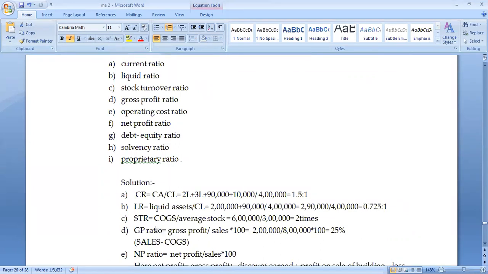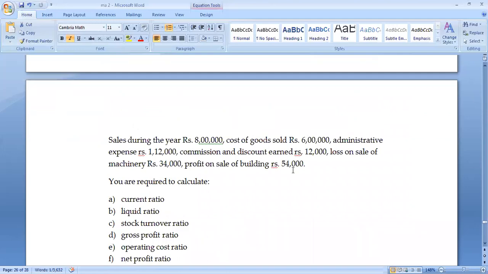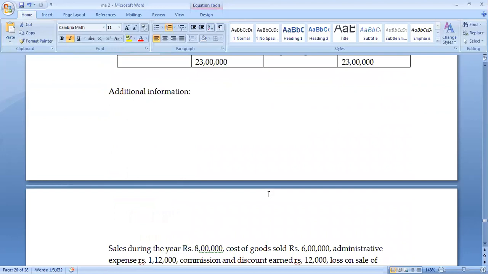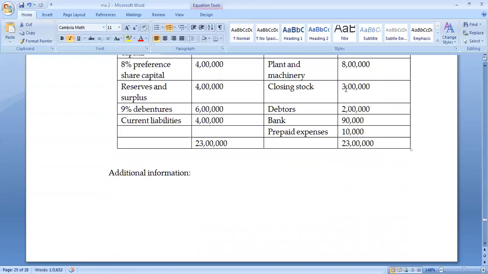Clear? Then stock turnover ratio. Stock turnover ratio is the cost of goods sold divided by average stock. Cost of goods sold is 6 lakh, which is given in the adjustment. Along with that, the average stock is given here, that is closing stock.